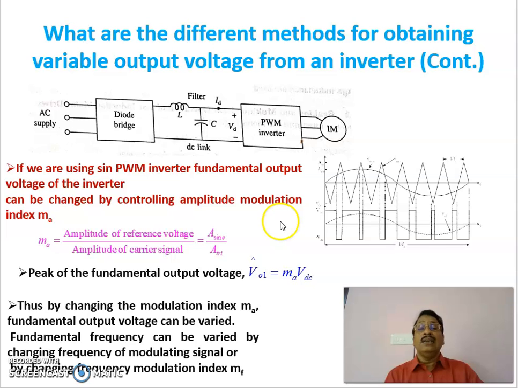Similarly, in frequency control, which we'll see next in V by F control, you can change the fundamental frequency by changing the frequency of the modulating signal. In the next part, I'll be explaining frequency control of the induction motor.